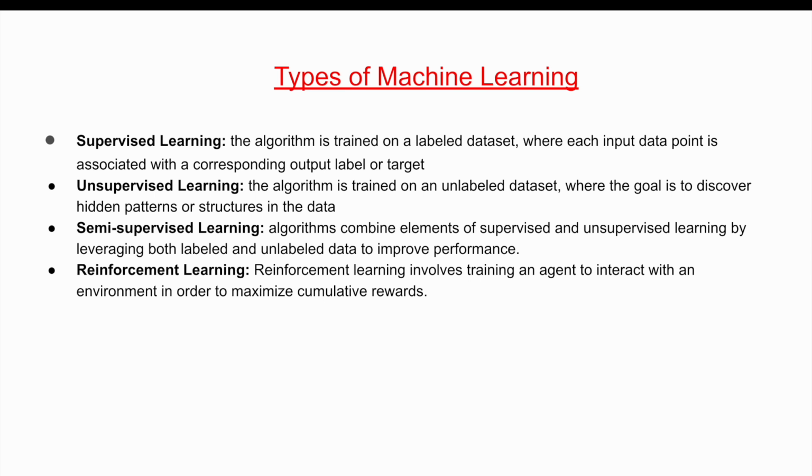the algorithm is trained on a labeled data set. That's very important. Labeled data set, meaning that we already know what the item is. If it's a cat, we know that we have a picture of a cat and we know that this is a cat. We have a picture of a dog, we know that this is a dog. We have a picture of a donkey, we know that this is a donkey.